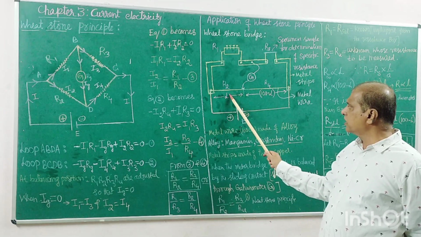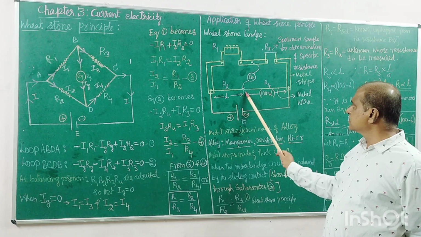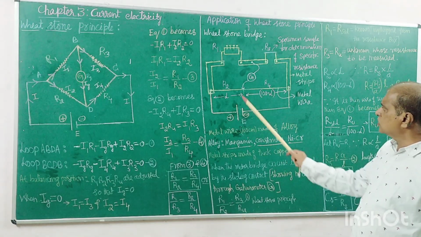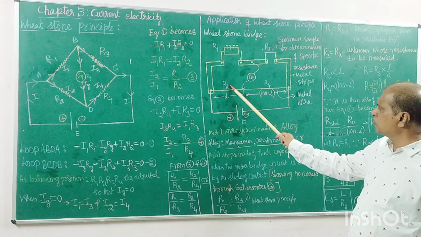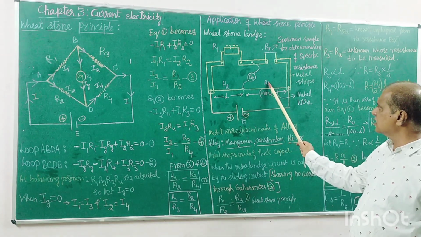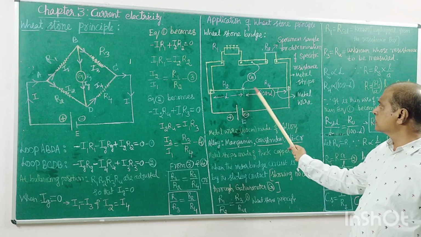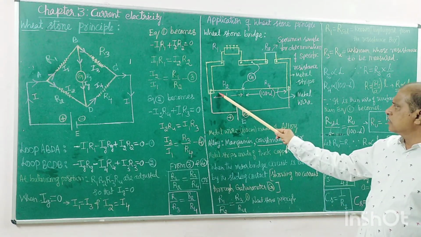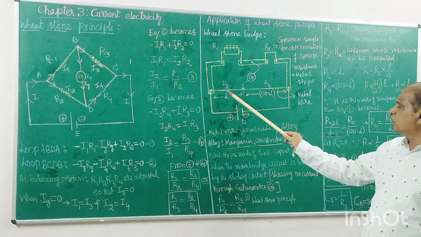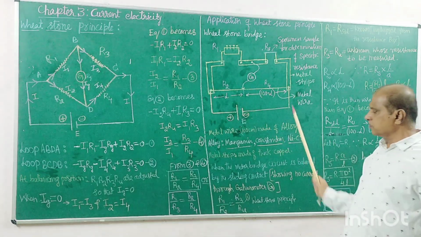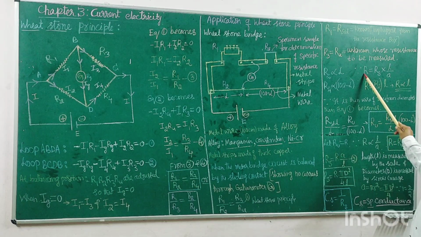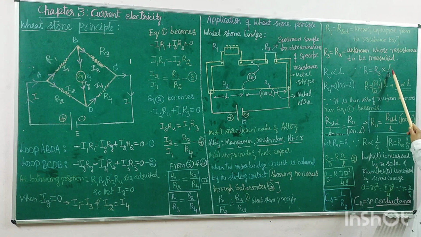If this is 20, 100 minus 20 is 80. That remaining length is this. So this resistance is directly proportional to this length. Why? Because this is made of the same material, with uniform diameter. For any conductor, you can write this equation: resistance of a conductor is directly proportional to L by A.